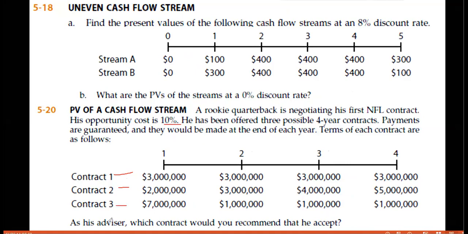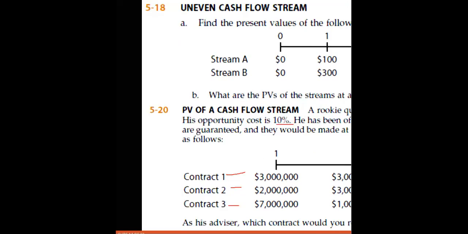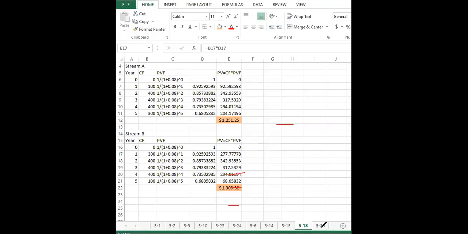And what they have mentioned is that as his advisor, which contract would you recommend that he accept, or whichever is the best, we are going to select it by calculating present value. So I'm just going to show you the answer.